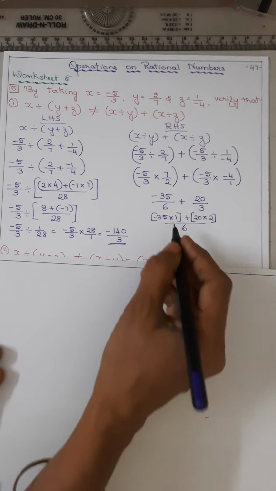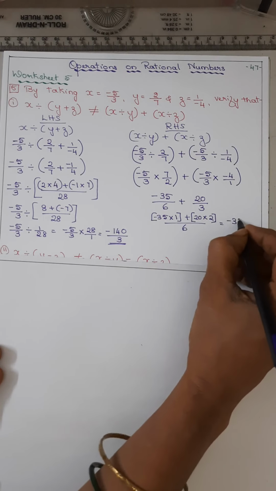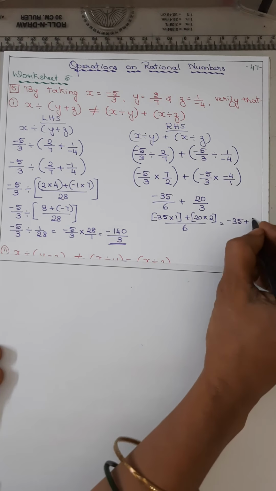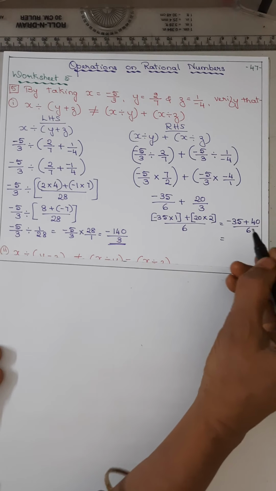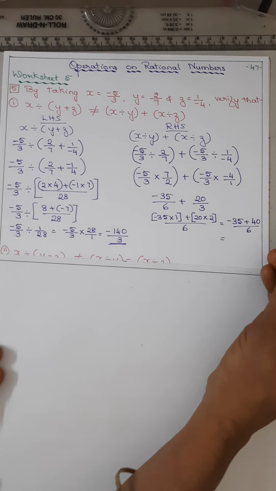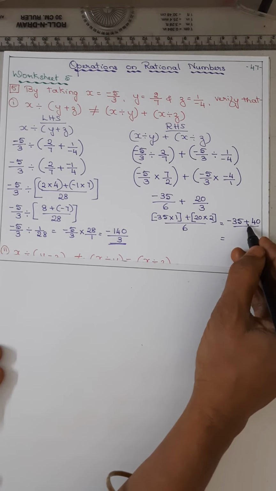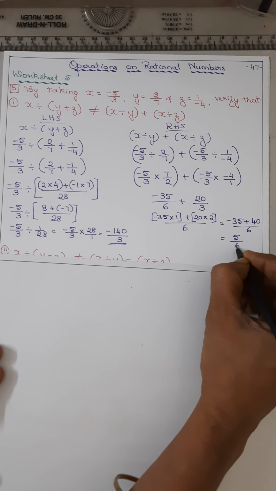So you got minus 35, plus 40 upon 6. So it became minus plus, different sign, subtract. The bigger number is plus, 40 minus 35 is 5 upon 6.